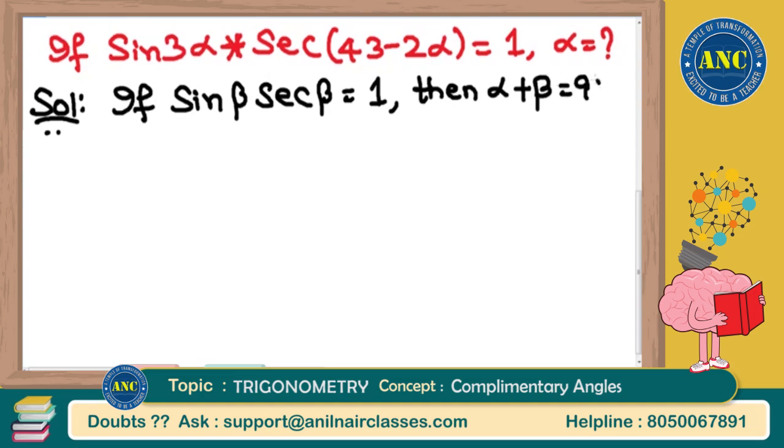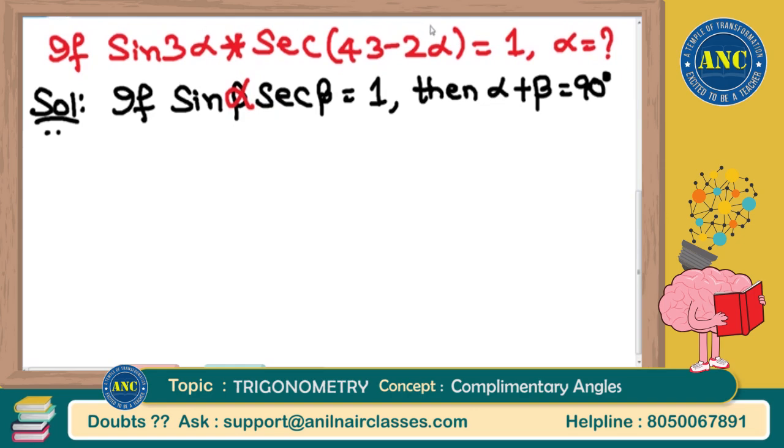If you have written this, please kindly go back and check it out. This is sine alpha, not beta. If sine alpha into secant beta is equal to 1, then alpha plus beta is definitely equal to 90 degrees. I explained this half an hour before. It is not a new concept for you. I explained it in detail.